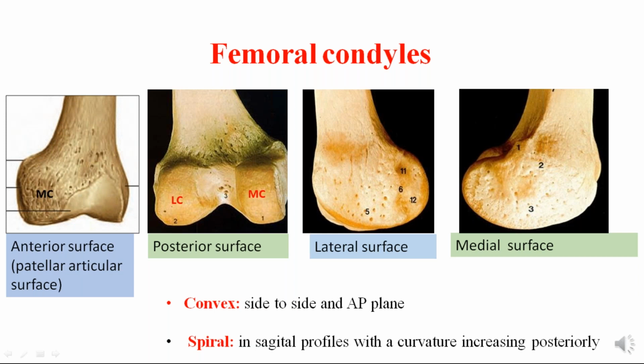The convexity is not only in the anterior posterior plane, but it is convex from side to side as well. In the lateral and the medial sagittal profiles, we can see that it is curved. The curvature begins from the anterior aspect and then it is accentuated and increased posteriorly.